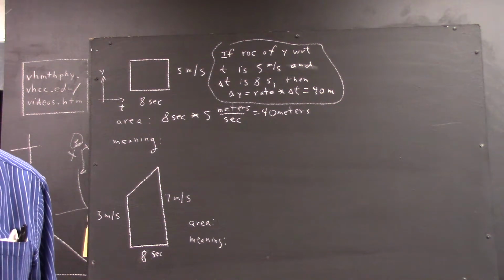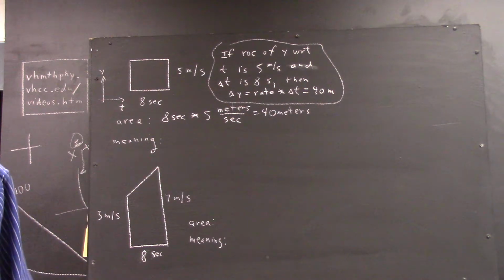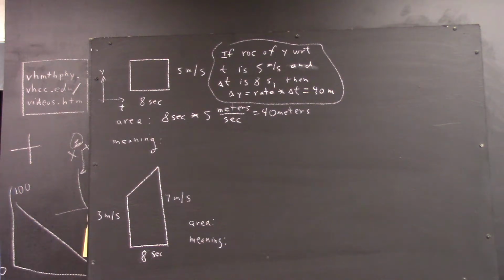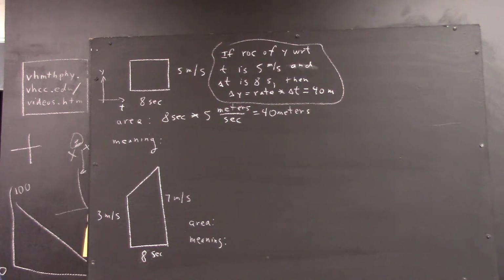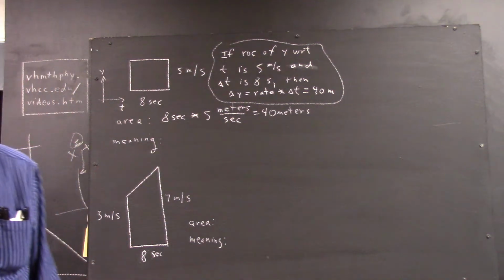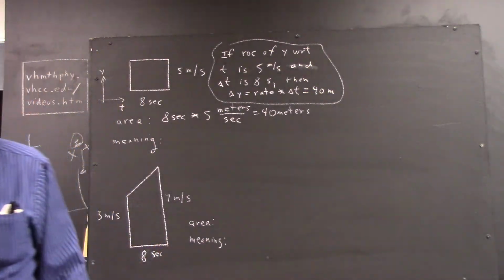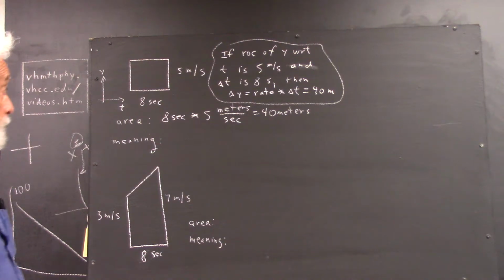Nobody's ever been measured to run faster than 27 point some, but Bob Hayes did it back in the 60s. Usain Bolt went a little faster than Bob Hayes. Usain Bolt also started a little slower than Bob Hayes. He was a slow starter, but he was a world record holder for years.